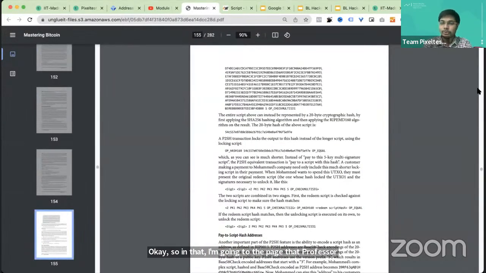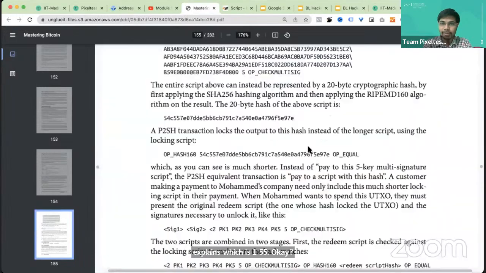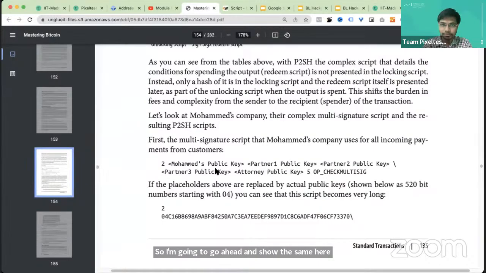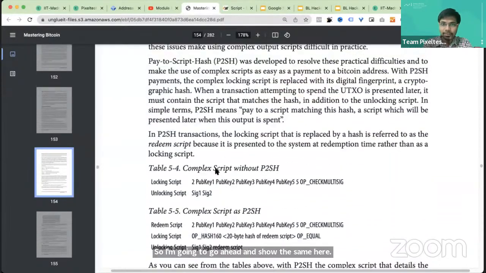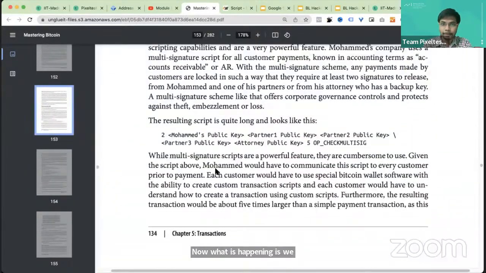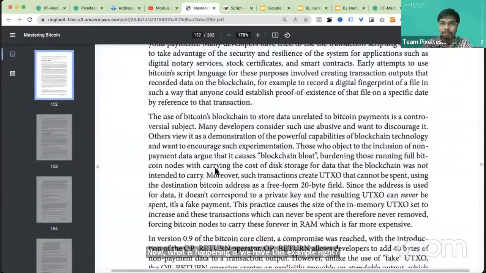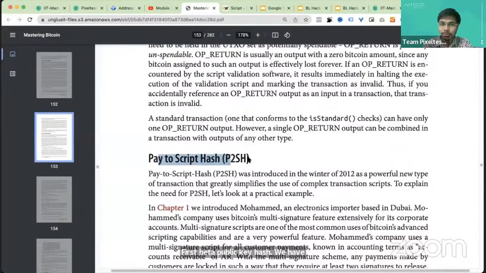I'm going to show the same here. We have this example, right? First, pay to public key hash, we have understood everything here. Now the pay to script hash, P2SH. Script hash will have multiple signatures, right?